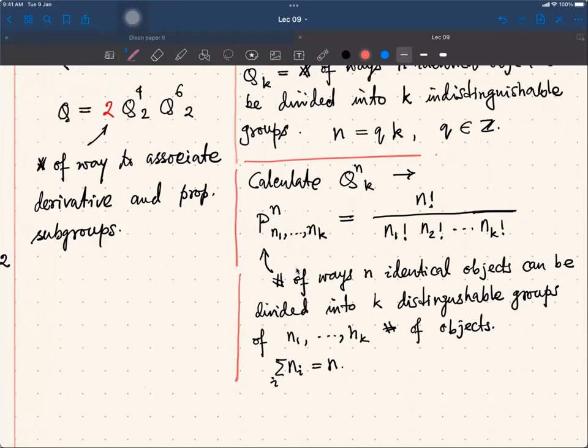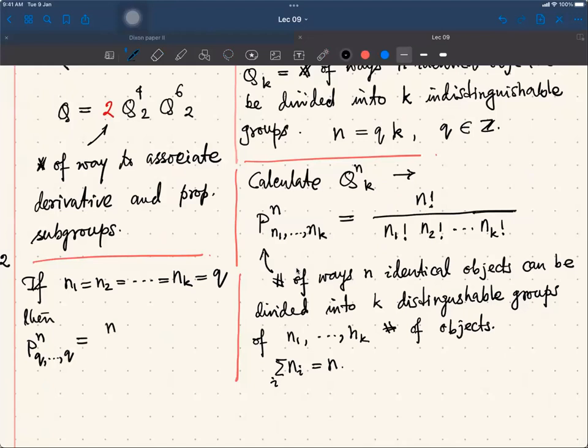Now, if all the ni's are the same and equal to q, then P(n, q, k) will be factorial n divided by factorial q to the power k, because all these factorials are q factorials.